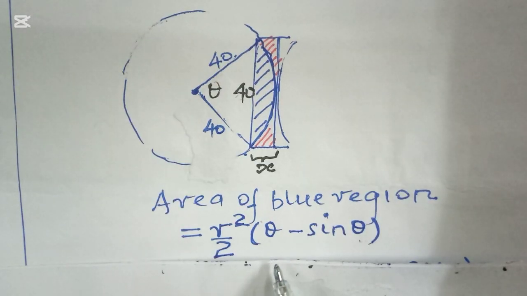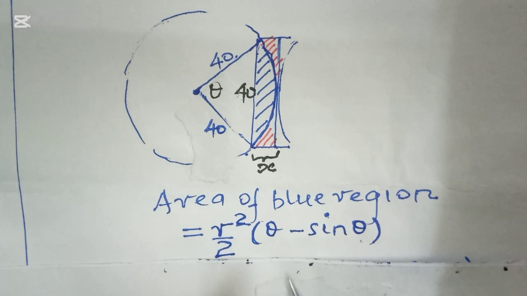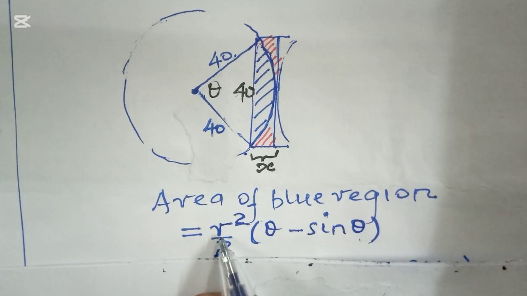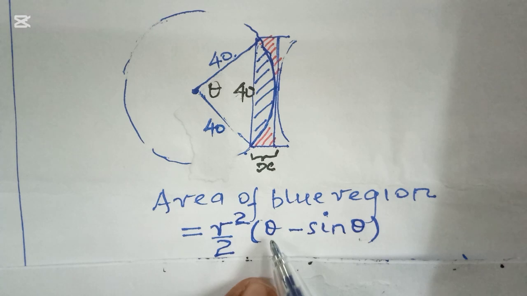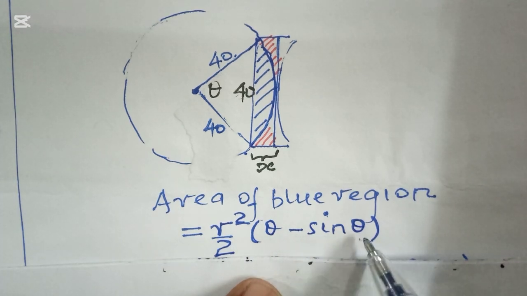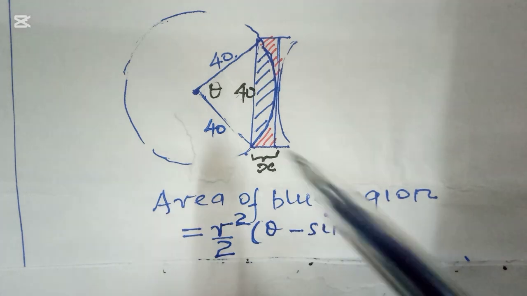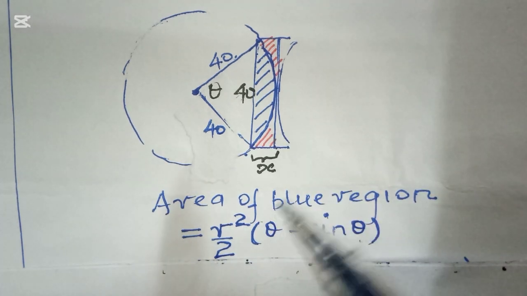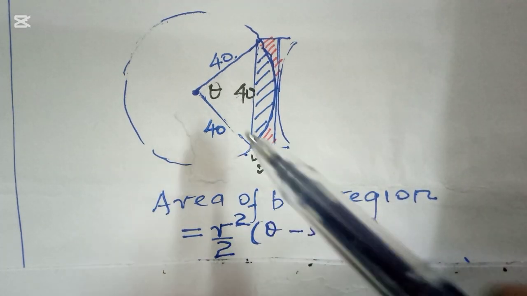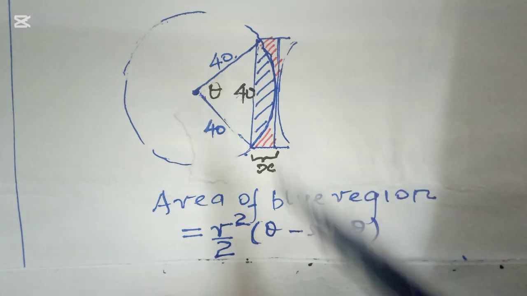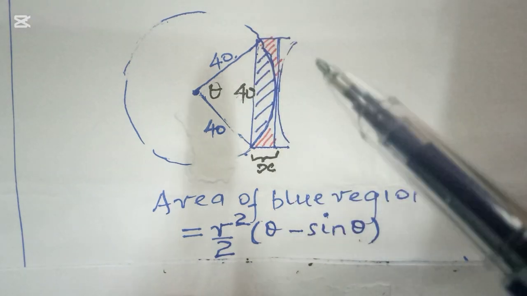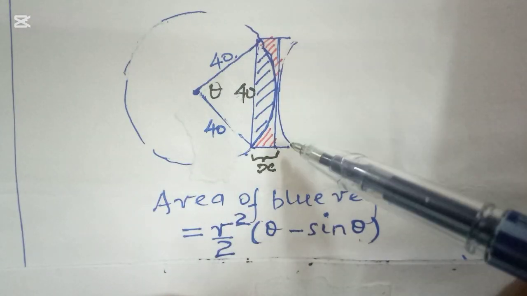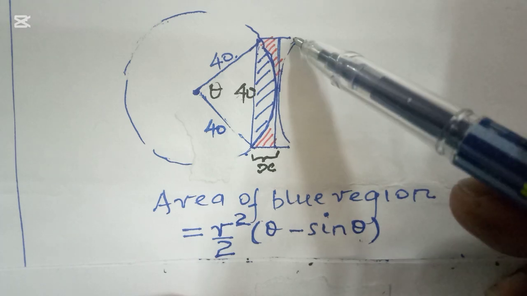Guys, here is our equation, and now I can read. It says the area is r squared all over 2, open the bracket, theta, this theta is in radians, minus sine theta. Guys, we only need to know what is our radius. For the radius, this is 40, and for theta, you remember that the square had sides of 40.